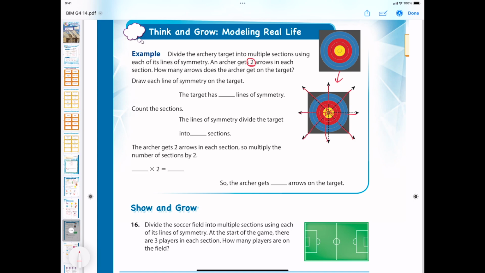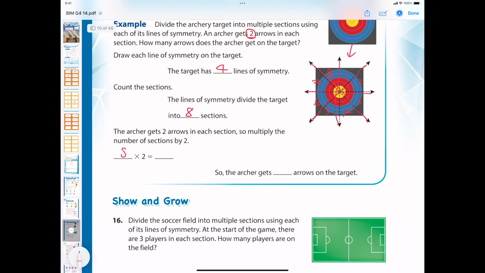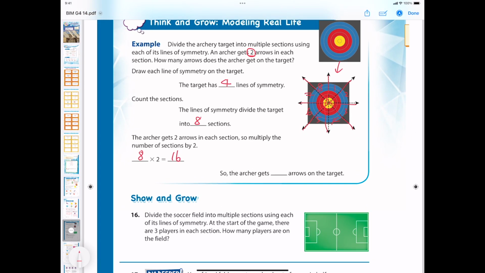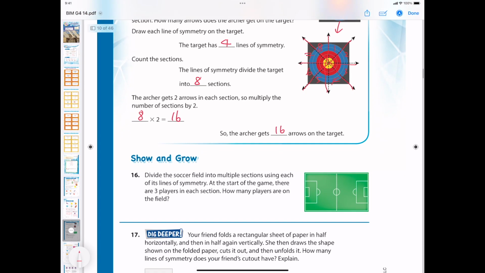The target has 4 lines of symmetry. Now count the sections. 1, 2, 3, 4, 5, 6, 7, and 8. The lines of symmetry divide the target into 8 sections. The archer gets 2 arrows in each section, so multiply the number of sections by 2. 8 sections by 2 is 16. So the archer gets 16 arrows on the target.